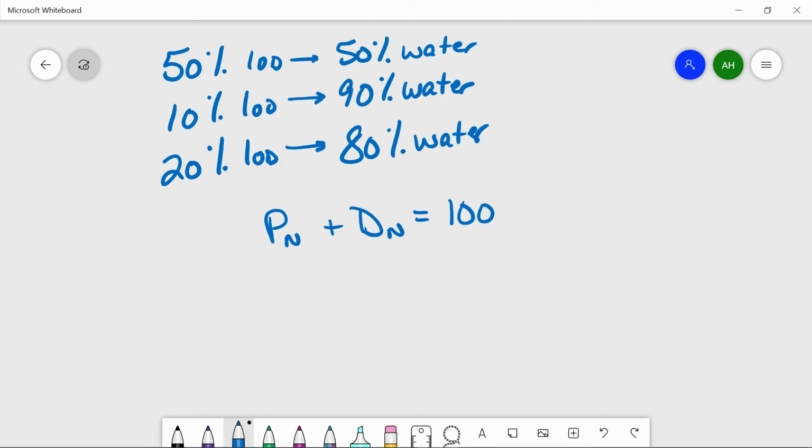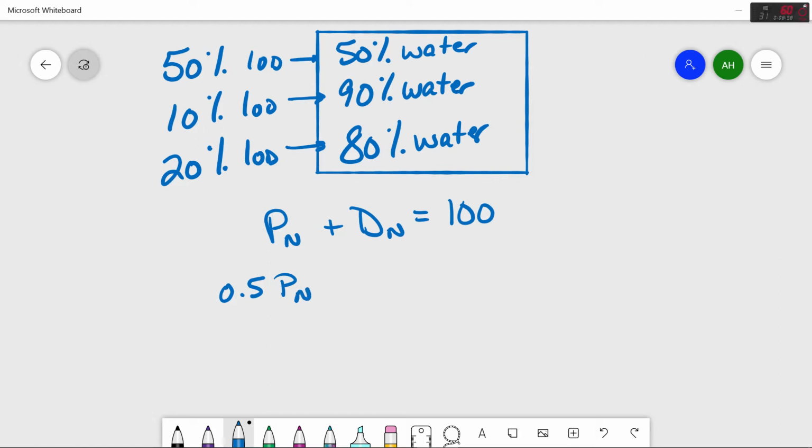Okay, now this time I'm using these numbers over here. So I'm going to have 0.5 for the pour, and I'm considering the water. I'm going to have 0.9 for the dump, and this is going to give me 0.8 times 100, because I'm wanting 80% of that 100 milliliters to be water.